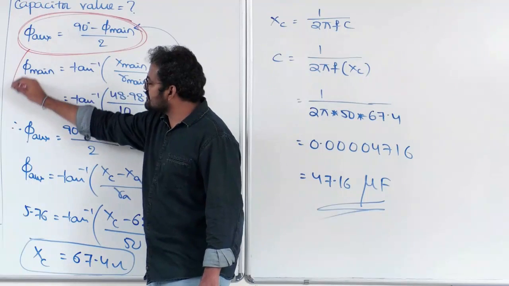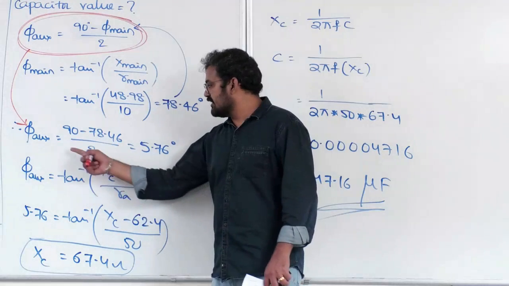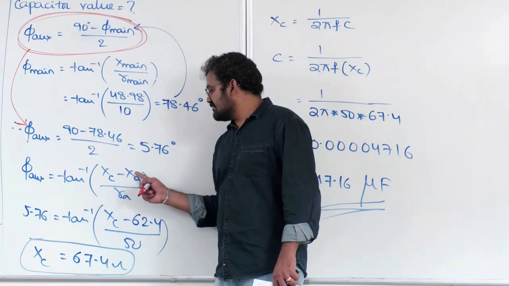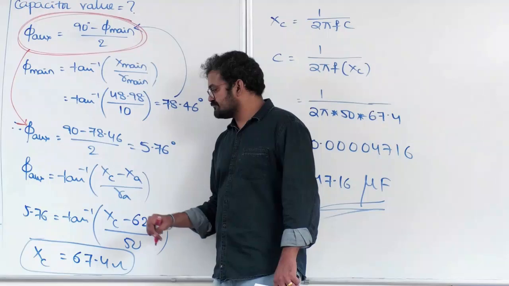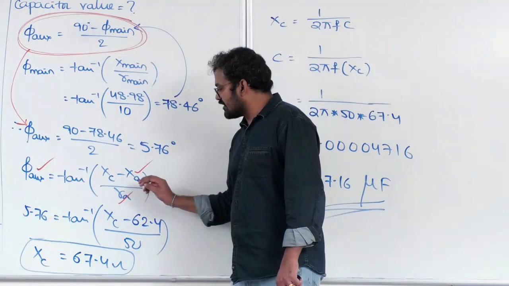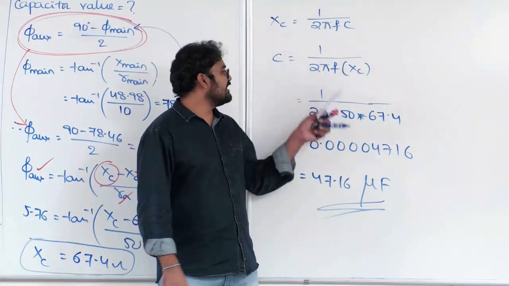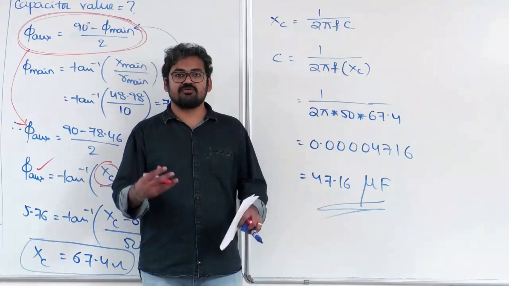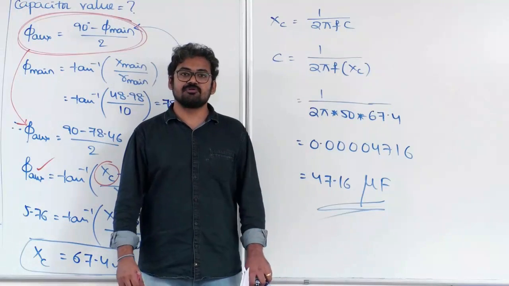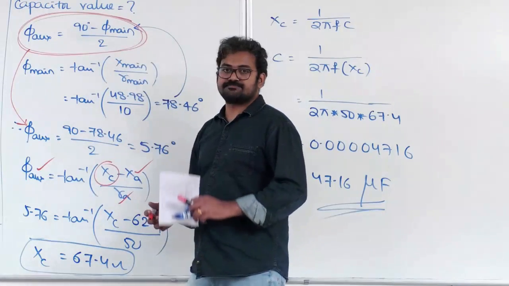Once you get phi auxiliary, use this formula: phi auxiliary, after adding a capacitor, is tan inverse of XC minus XA by RA. You already know phi auxiliary, you know XA, you know RA, so you will get XC. When you know XC, you can find out the capacitor value required to create maximum torque at the time of starting. Okay, this formula is important.